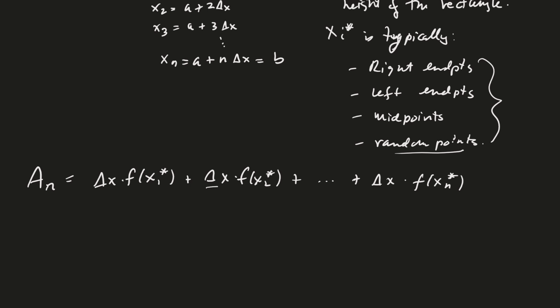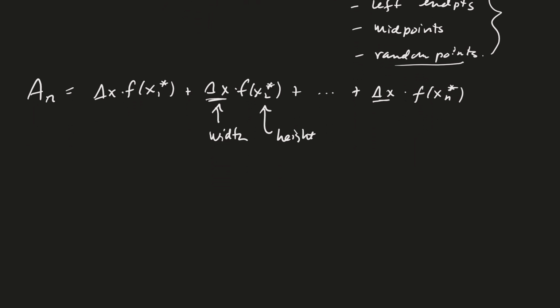Now remember the delta x is here because that's the width, and then these are the heights. And so each of these terms represents the area of a rectangle. And so using our sigma notation, we could write that this is the sum from 1 to n of f of xi star times delta x.